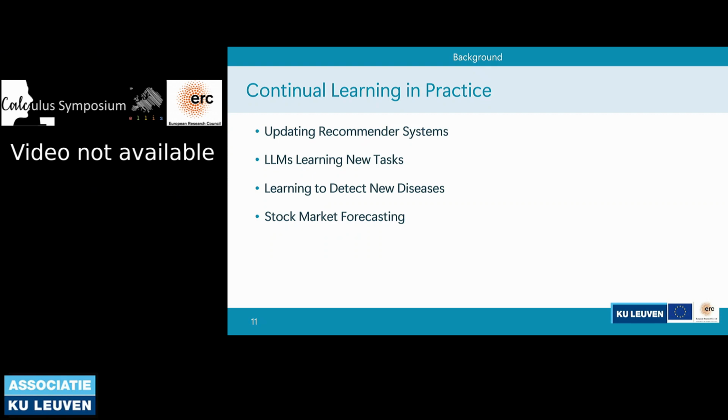Then we might have an application in healthcare where we have a model that takes a vector of biomarkers and tries to predict the probability of a certain disease. Such a model could be trained incrementally on new diseases when new data arrives or when a new disease is identified by scientists.